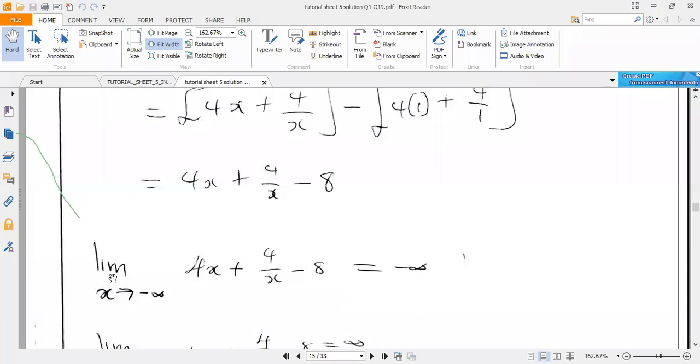Listen, when you're taking the limit as x approaches negative infinity, you realize that this part, 4 over x, is always going to go to 0. But the limit of this part here, 4x, gives us 4 times a very big negative number, so a very negative number.